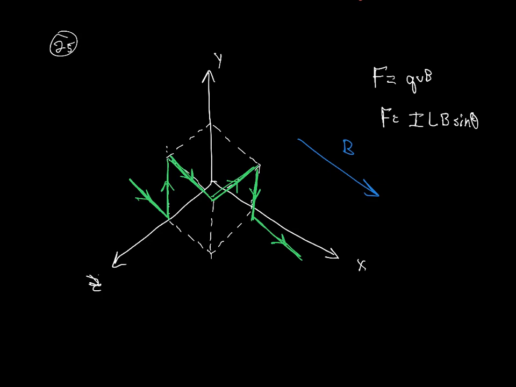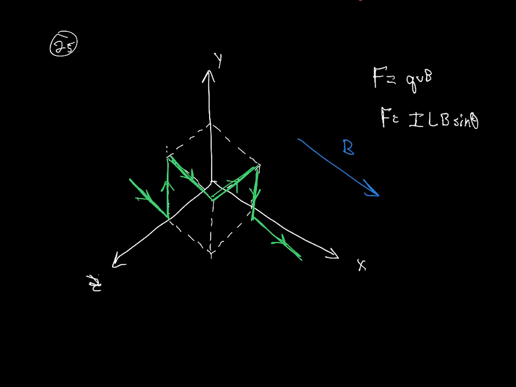I've never noticed that one. F equals ILB sine theta, or BIL. The problem with BIL is the order does matter for the cross product. So I, whatever the current is, times L, the length of the wire, times B, the size of the magnetic field, times the sine of theta, which is the angle between where the current's going and where the magnetic field goes.